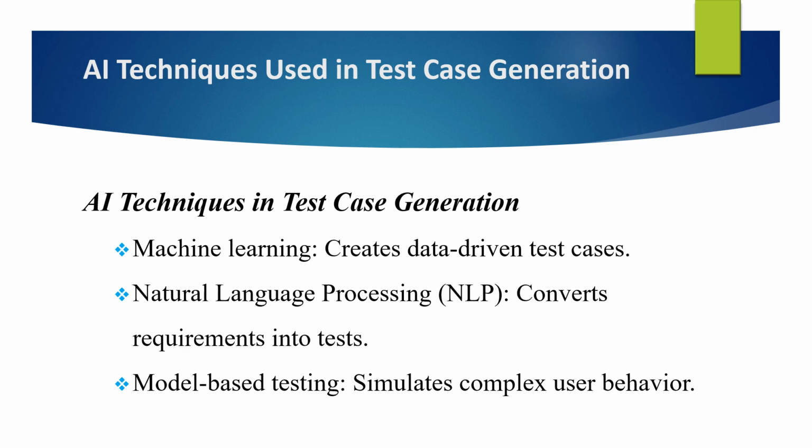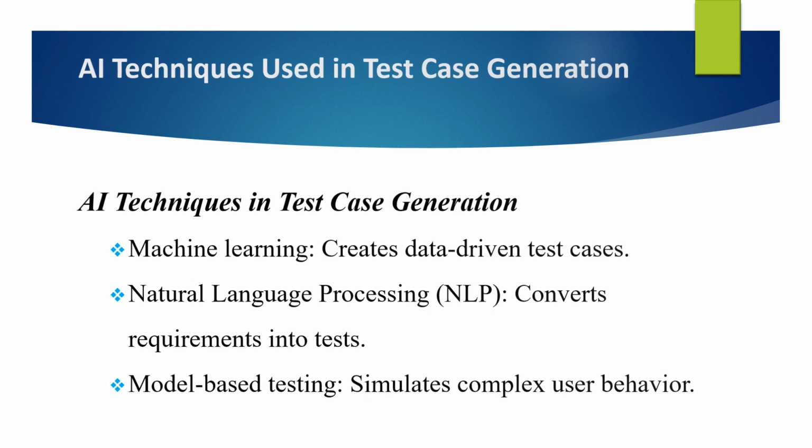NLP can interpret requirements, documents, or user stories to automatically create test cases based on written descriptions of expected behavior. This approach reduces the need for manual test case creation by translating requirements directly into tests. Lastly, model-based testing techniques allow AI to simulate complex user interactions within an application, which helps identify unexpected behavior or areas that could potentially break.